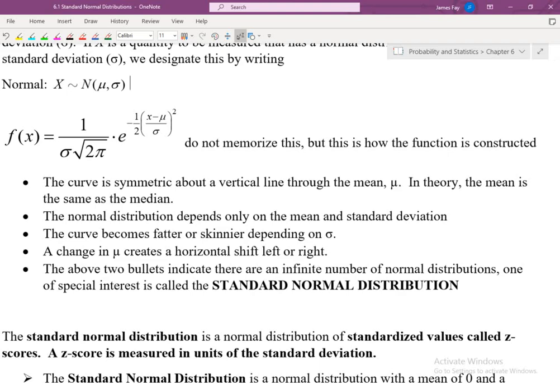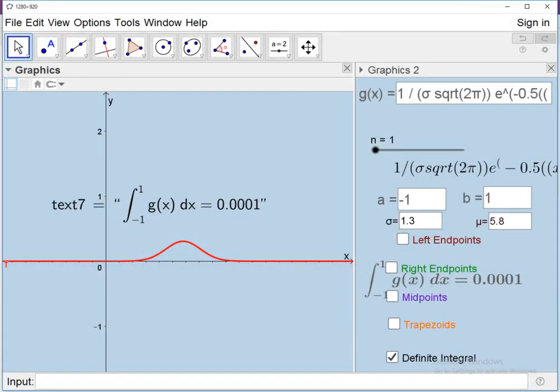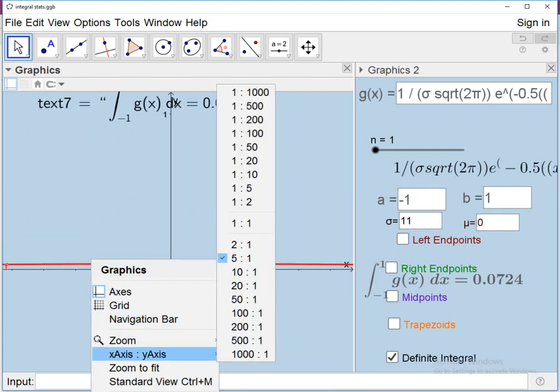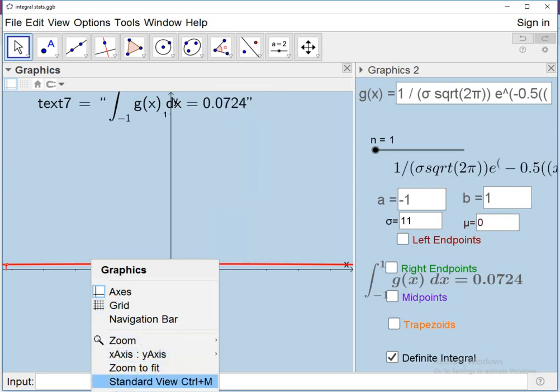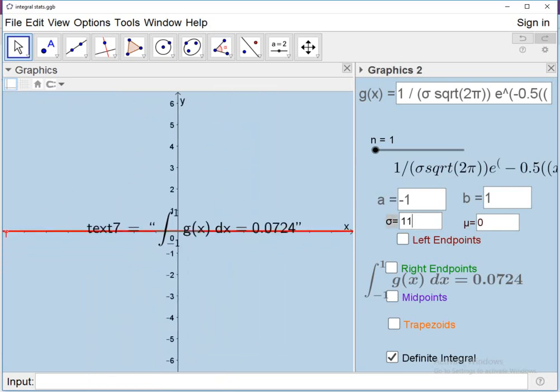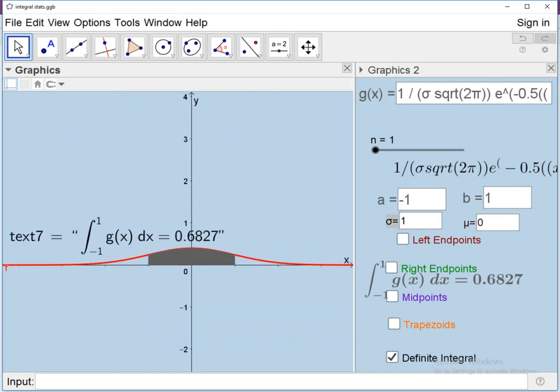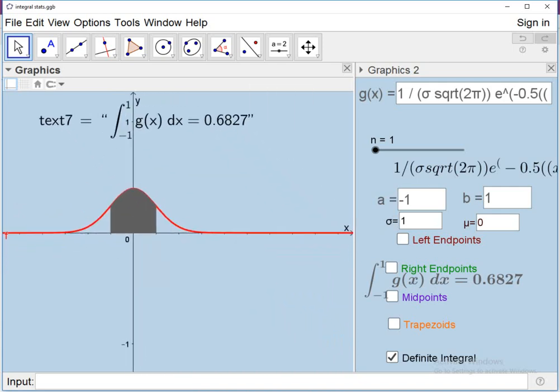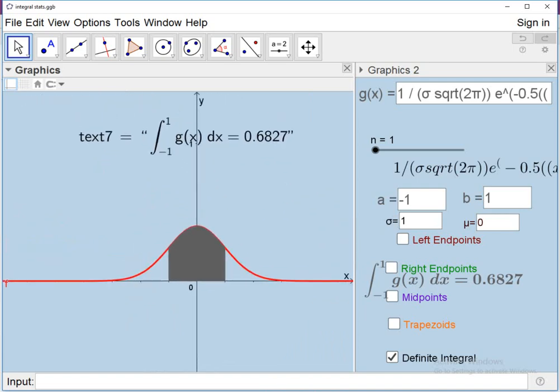So when we go back to this here where standard deviation is 1, mean is 0, this line right here, that is the mean, that is the axis of symmetry.